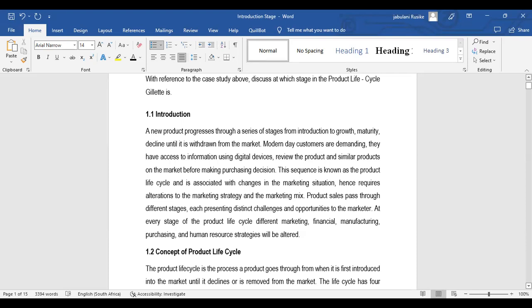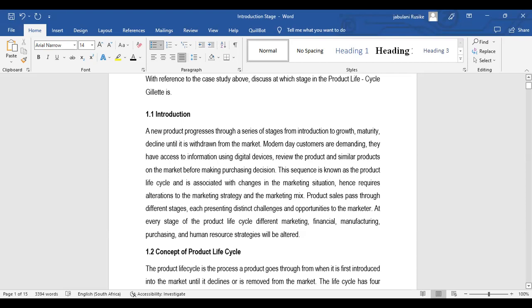Why should a company study product life cycle? Then you say the aim or purpose of this essay is to discuss the stage in which Gillette is in terms of the product life cycle.